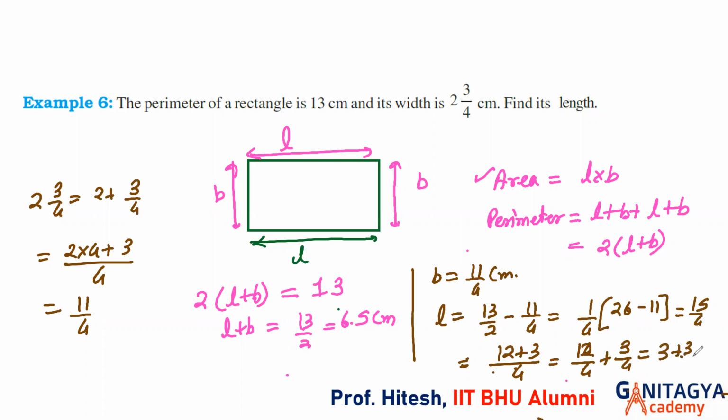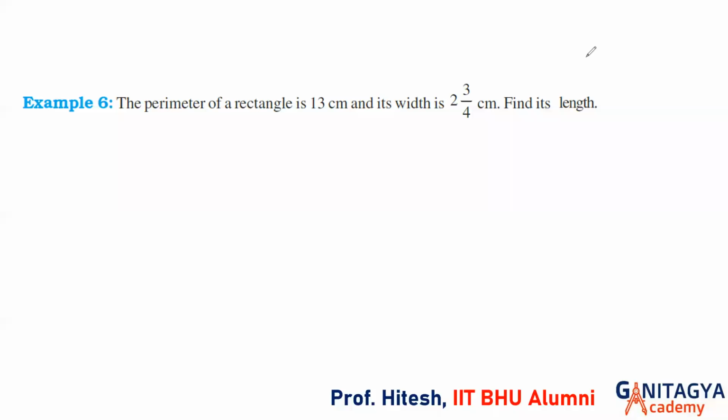So 3 plus 3 by 4, in terms of mixed fraction, it is 3 3 by 4 centimeter. So the answer is 3 3 by 4 centimeter. Please write it down very carefully and let me know when done. Let me clear this and move to the next question.